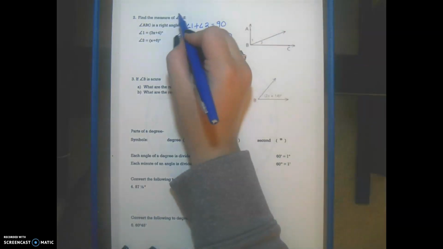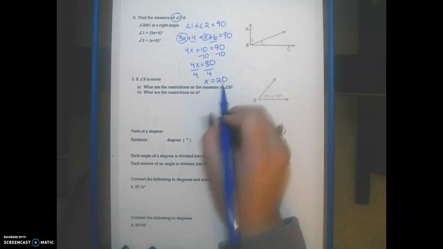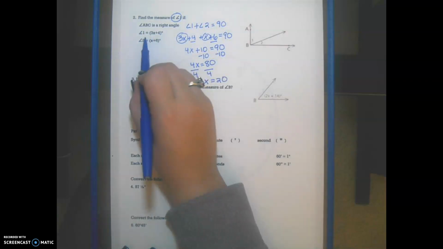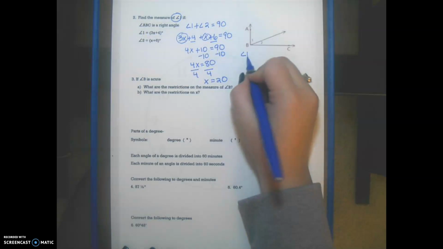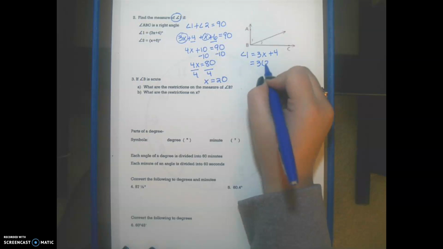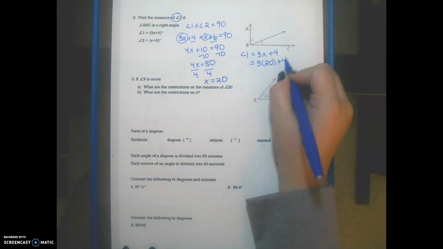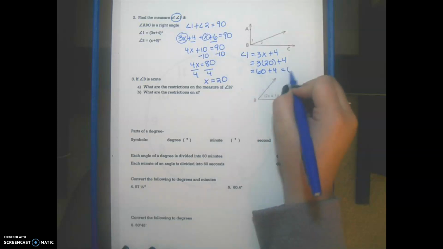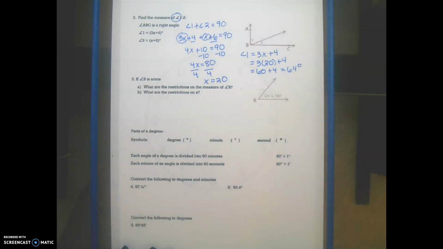No, I want to find the measure of angle 1. So I now have to plug in my solved value of x into my expression for angle 1. So I plug in 20 for x, and I get that angle 1 is equal to 64 degrees.